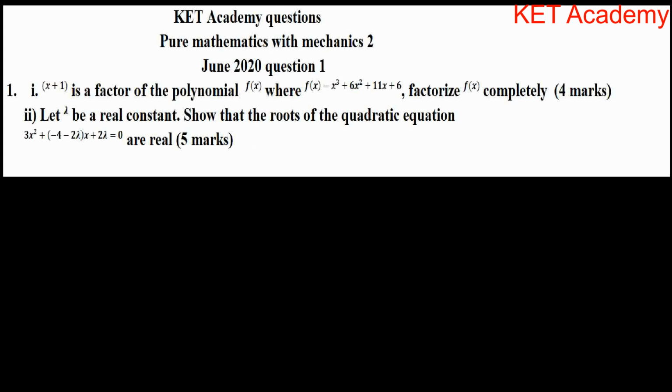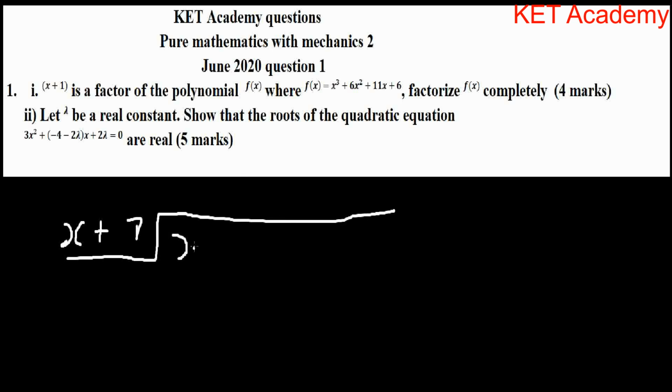So let's begin. Now they said x plus 1 is a factor. It means that x plus 1 is going to divide the polynomial f of x completely with no remainder.